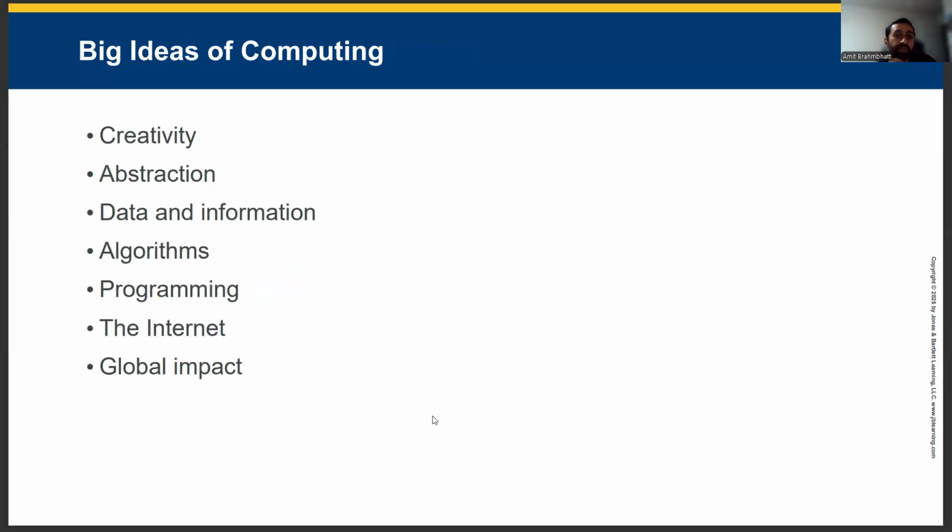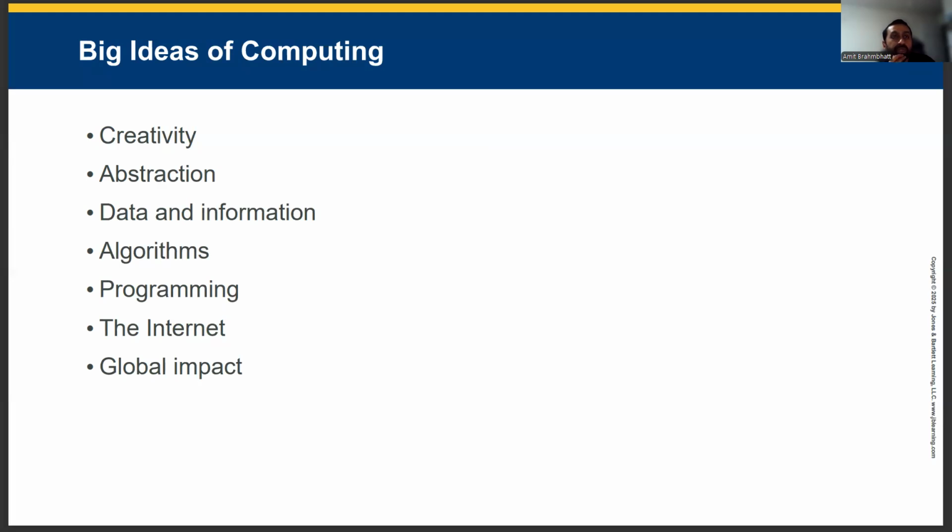Big ideas for computing. The big ideas cut across everything: creativity and abstraction. Creativity is inventing new solutions and managing complexity using abstraction. Then representation and meaning from data and information. Then procedures and efficiency using algorithms.